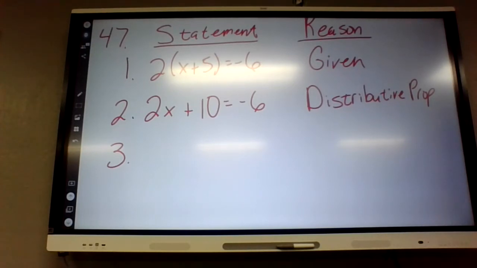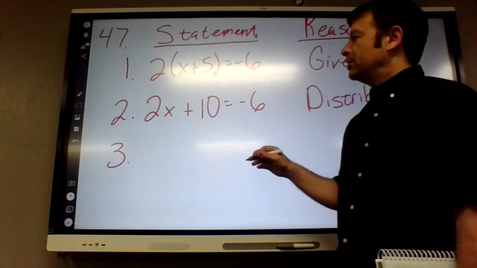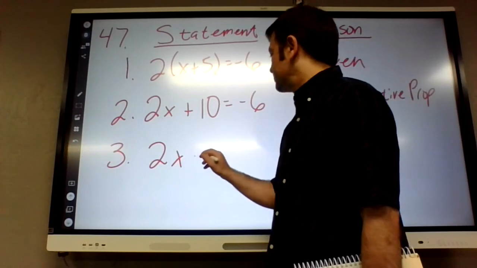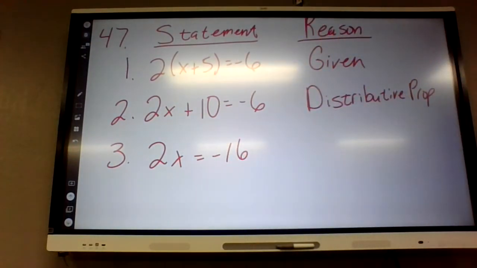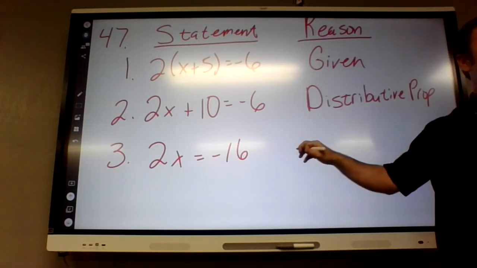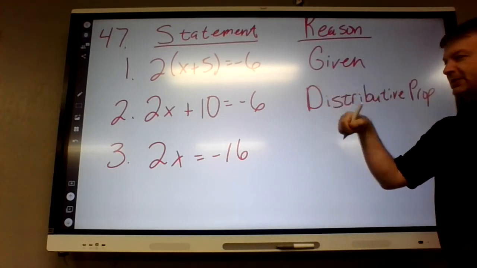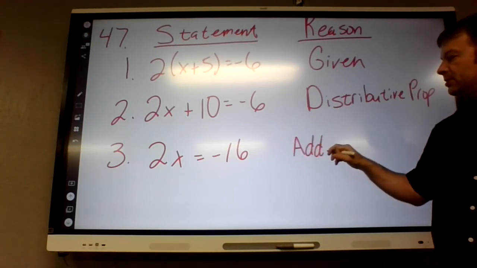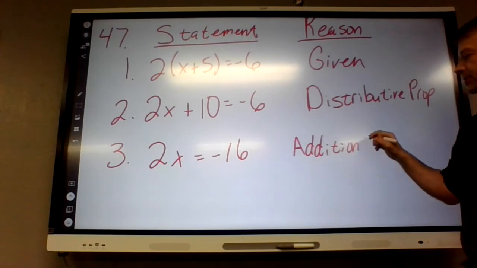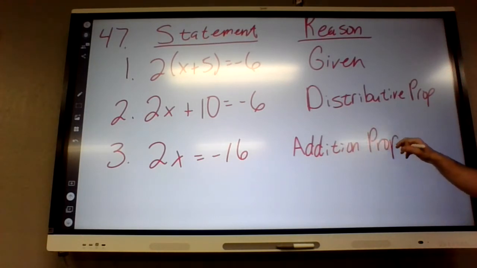Now if we were solving this, what would we do? Subtract 10. What's it called if you subtract the same value on both sides? It's kind of a trick question. Addition property of equality. Why is it called addition if we are subtracting 10 on both sides?